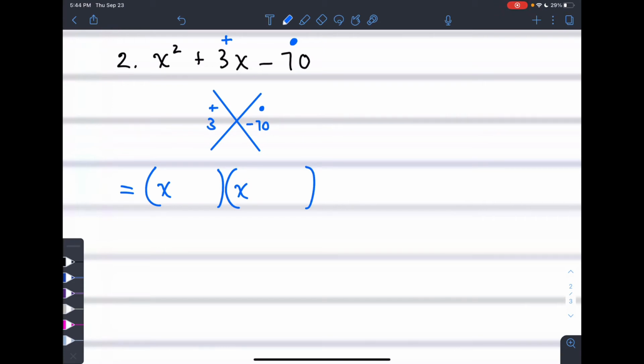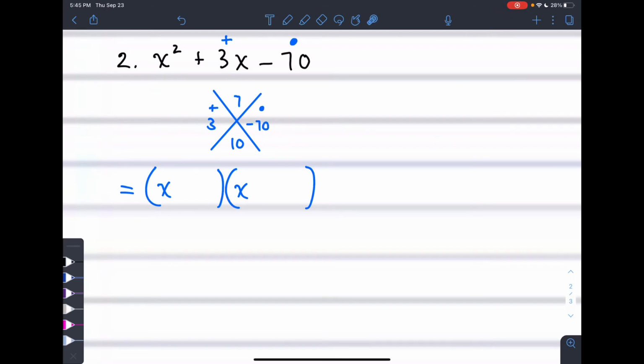Okay. Two numbers. All right. Multiplying to negative 70, but adding up to positive 3. In my head, I know I'm going to work with 7 and 10. Why did I choose 7 and 10? Because I know 7 times 10 will give me a 70. All right.